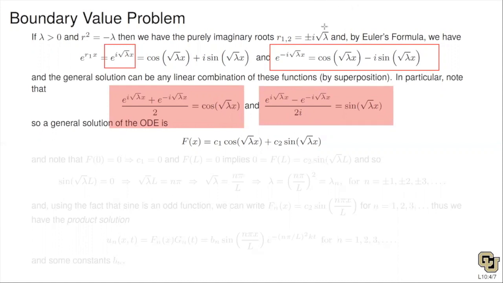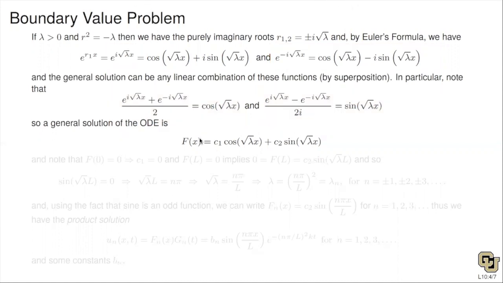Also one of the goals here is to try to use waves to solve these things, because these waves have many nice properties, the continuity, differentiability, et cetera. So finally, we get this general form of the ODE as this linear combination of cosine of square root lambda x plus sine of square root lambda x.